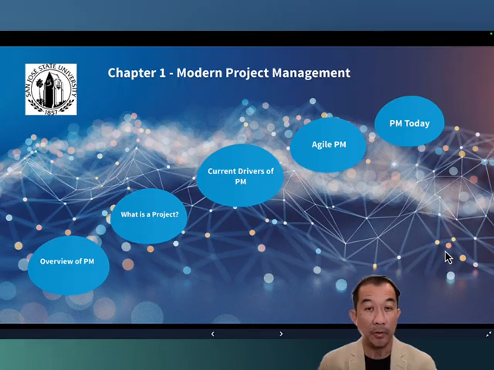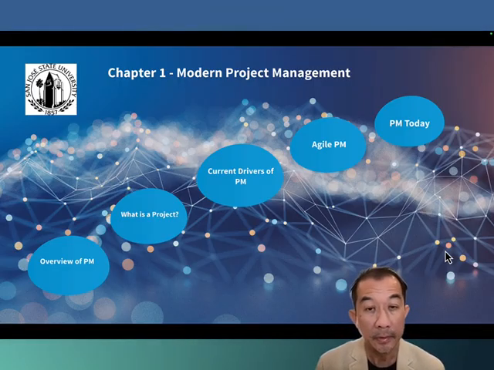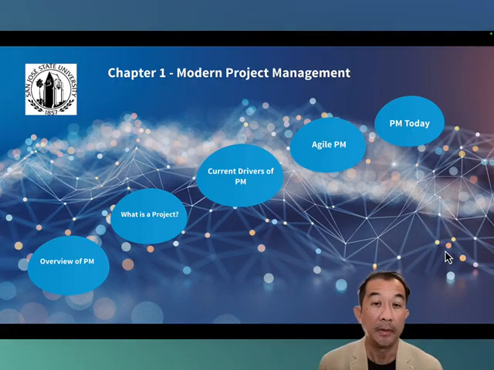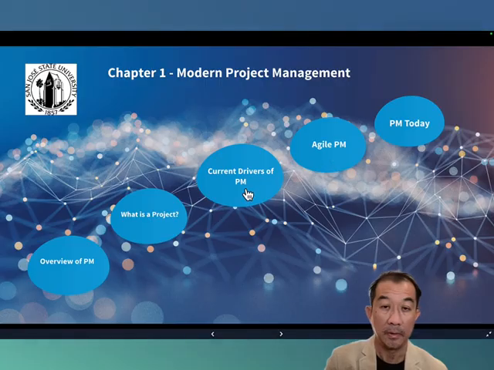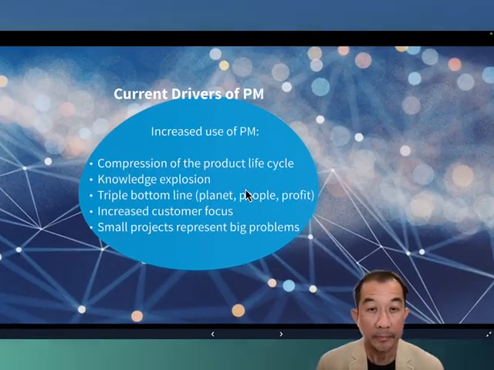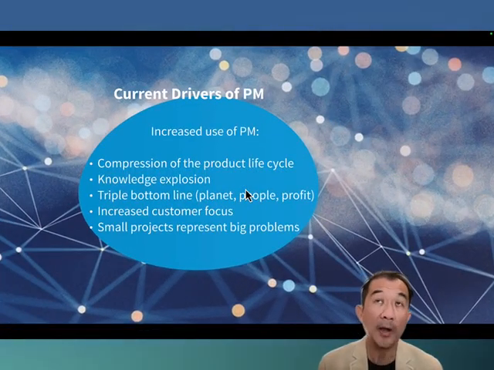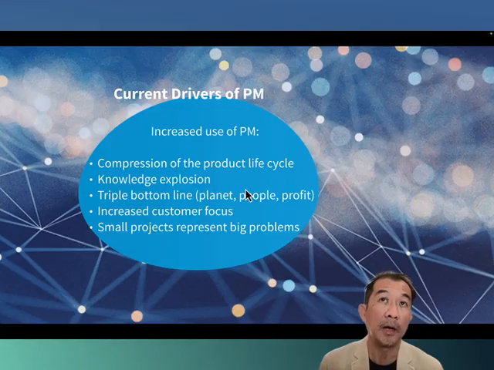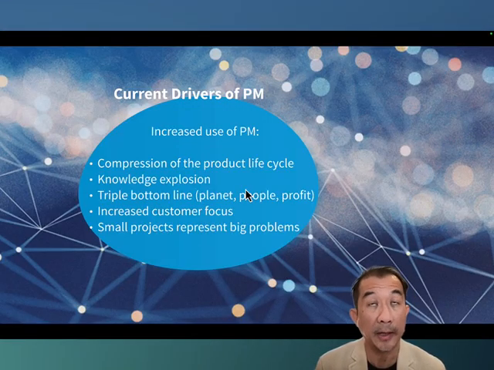Now, let's go into some of the current drivers or factors that are affecting the project management world. More and more companies are relying on projects to advance and to compete.